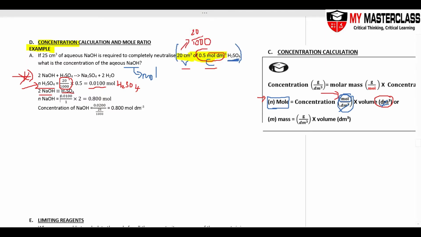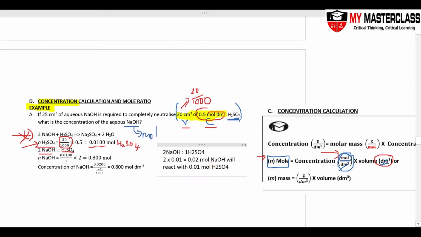In other words, this will be 2 times 0.01, which equals 0.02 moles of NaOH reacting with 0.01 mole of H2SO4 in a proper titration.